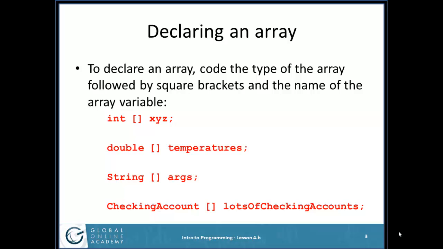You should recognize this line because String[] args is part of what shows up in our main method in every program we've coded so far. Now you know what it means. And finally, we could have CheckingAccount[] lotsOfCheckingAccounts, a variable called lotsOfCheckingAccounts. Each element of that array would be of type CheckingAccount.